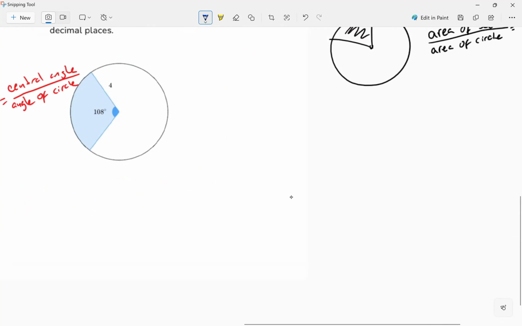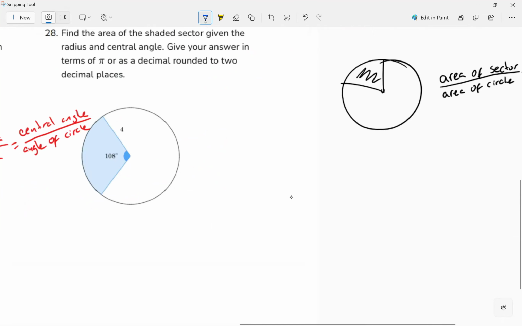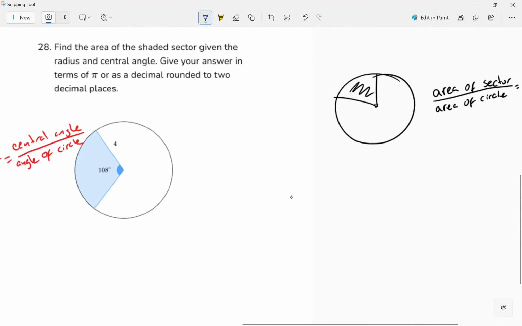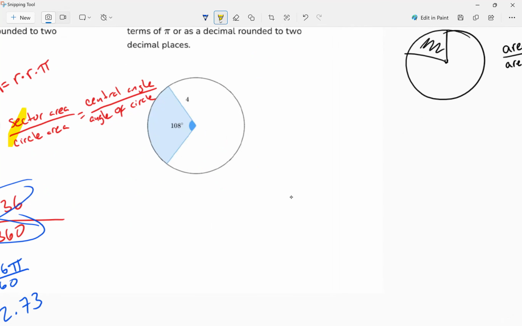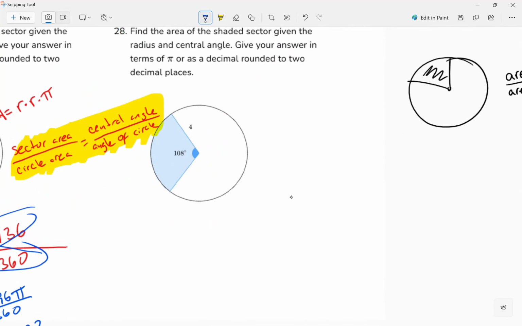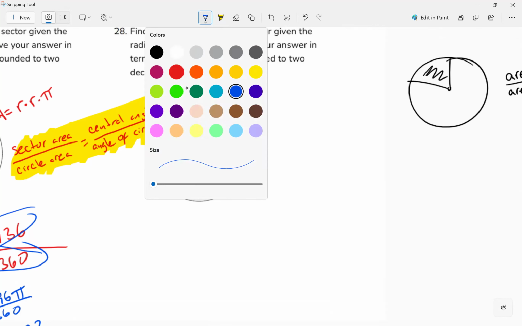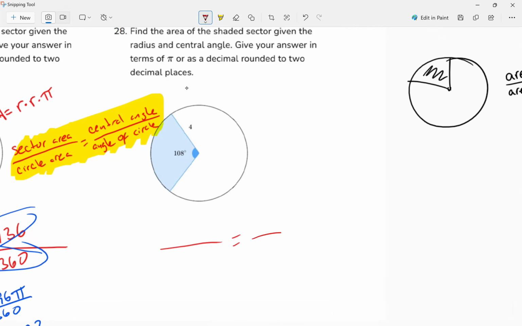Let's take a look at question number 28 here. I had to create two fractions and they're equal to each other. It says find the area of the shaded sector. The sector area, I don't know, so I'm solving for x there.